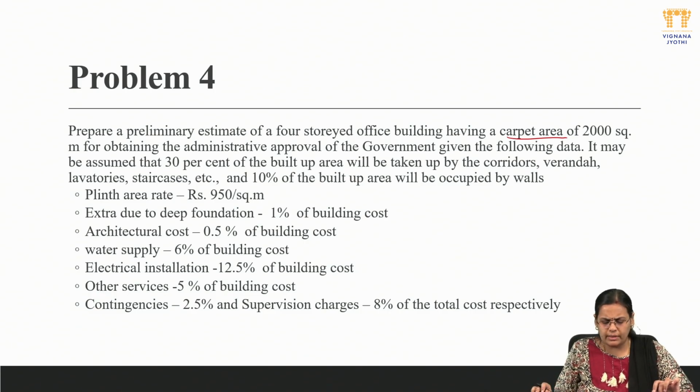It may be assumed that 30% of the built-up area will be taken up by corridors, verandas, lavatories, staircases, etc. and 10% of the built-up area will be occupied by walls, and plinth area rate is given and other extras to be considered in your calculation are also mentioned.